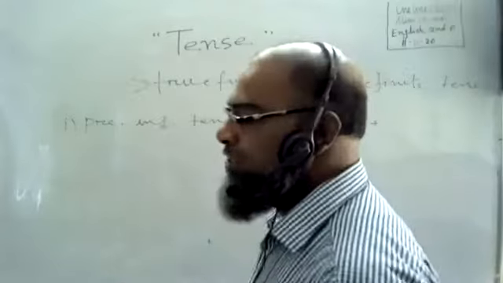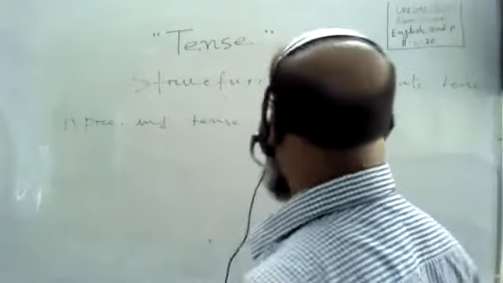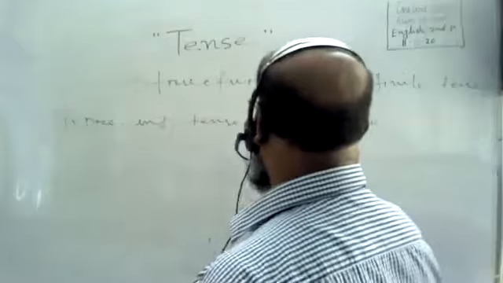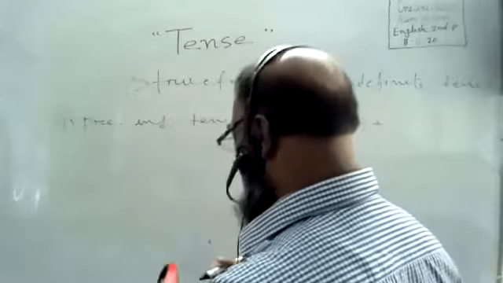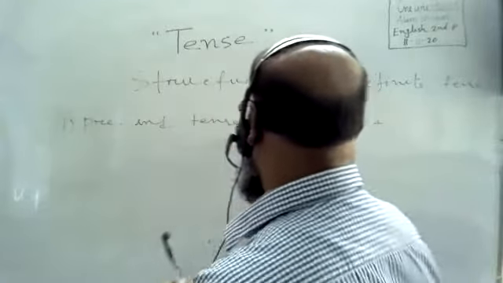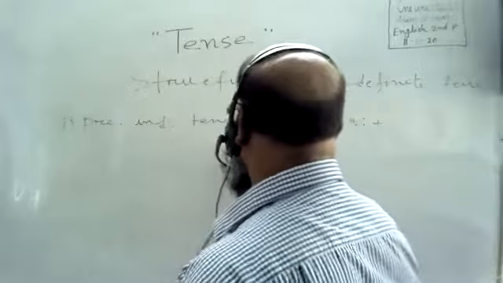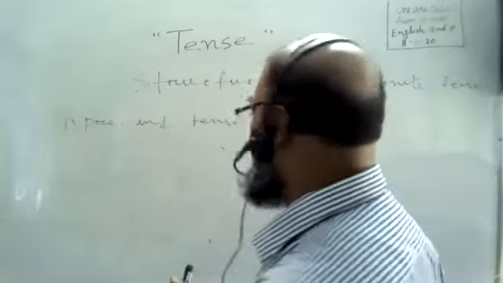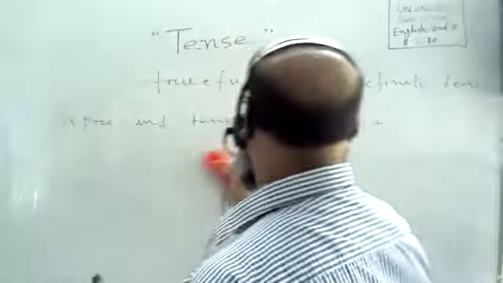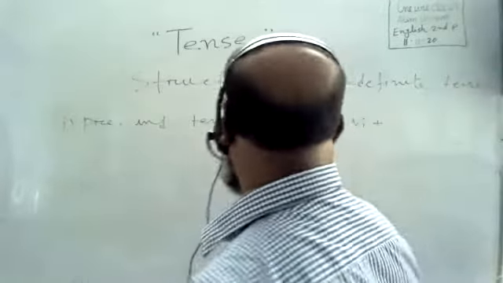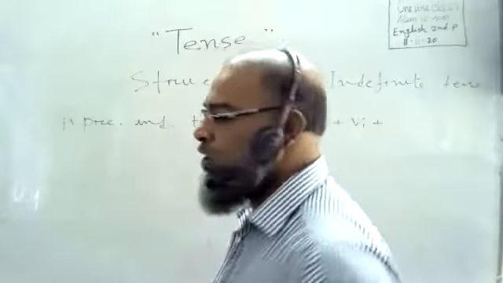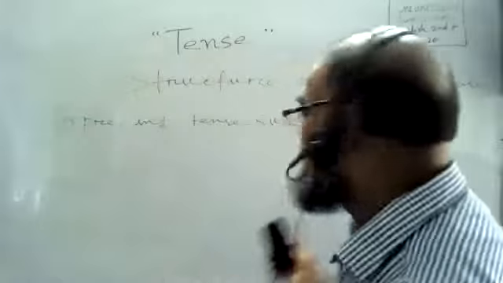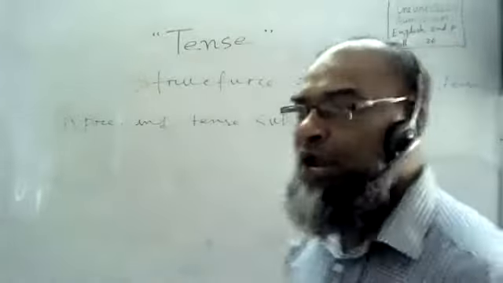V1 means the present form of the verb, V2 means the past form of the verb, and V3 means the past participle form of the verb.